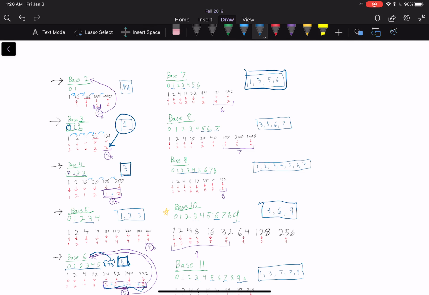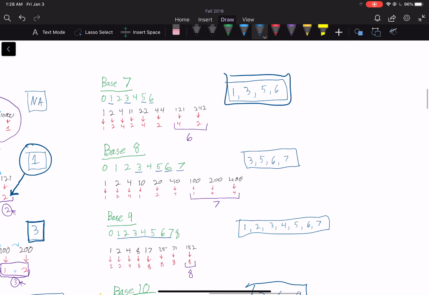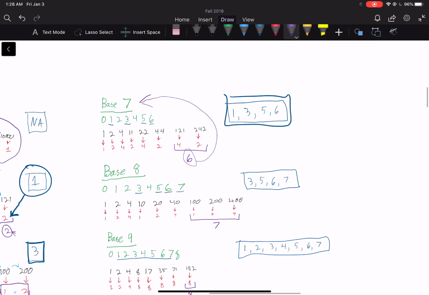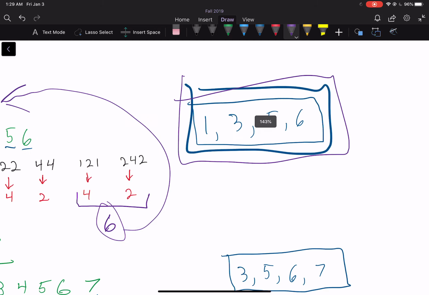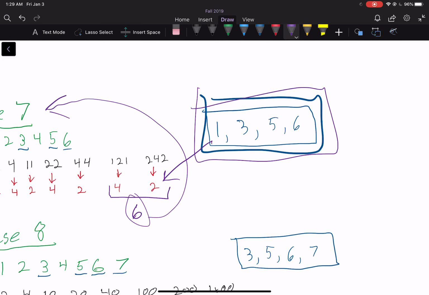The same exact pattern holds true for base 7, base 8, base 9. Again, when you digit sum this repeating sequence, you get a number that is 1 less than the base that you are in. And again, in this navy box right here, I have sectioned off the numbers that are not involved in this repeating sequence, right? So we're tackling this in a very repetitive way, right?